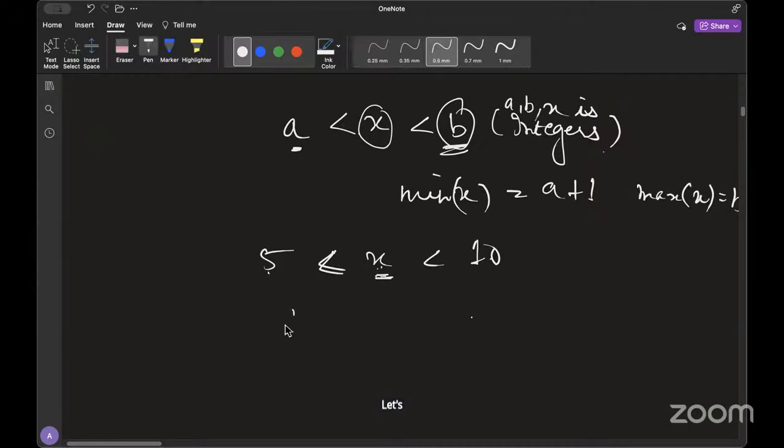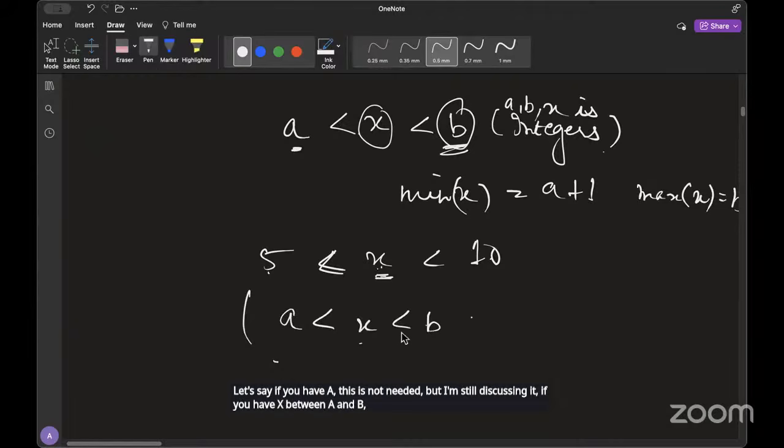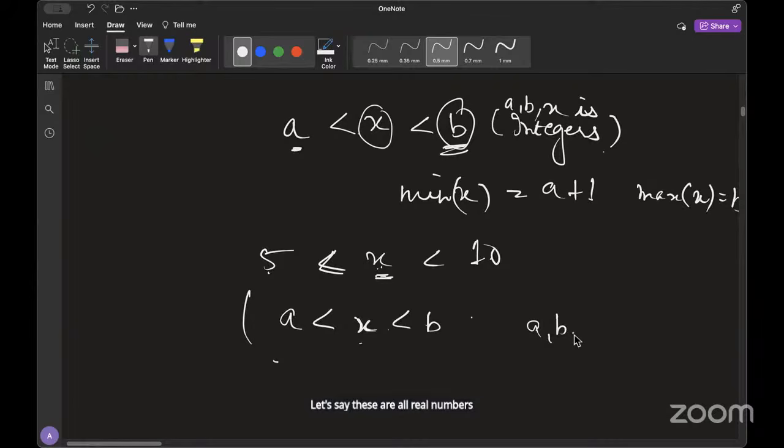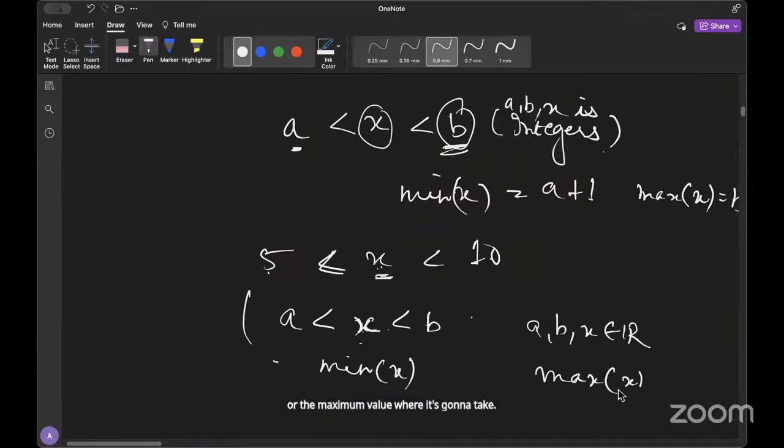Now, this is not needed, but I'm still discussing it. If you have x between a and b, and a, b, and x are all real numbers, then what can you say about the minimum value or the maximum value x can take? We cannot say anything.